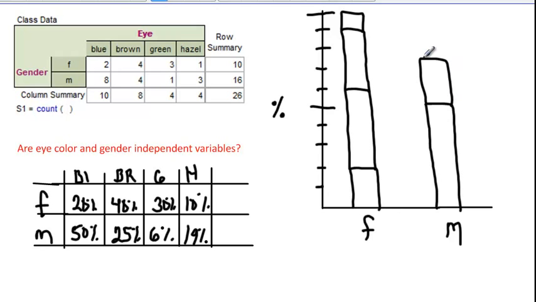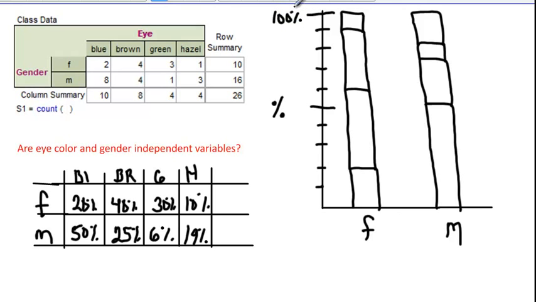Then 6%, 75 plus 6 gives me 81%. And then finally, 19% have hazel. So the remaining 19 plus 81 is 100%. So both graphs actually do go up to 100%, which is reassuring.